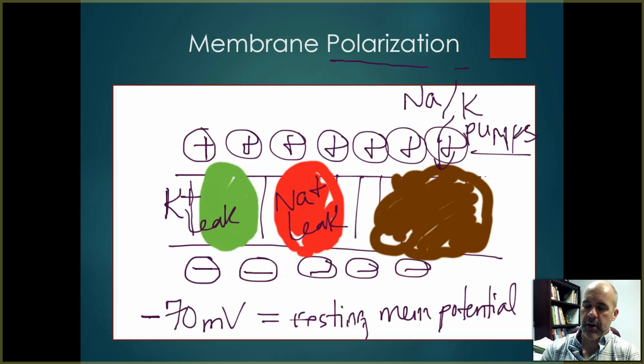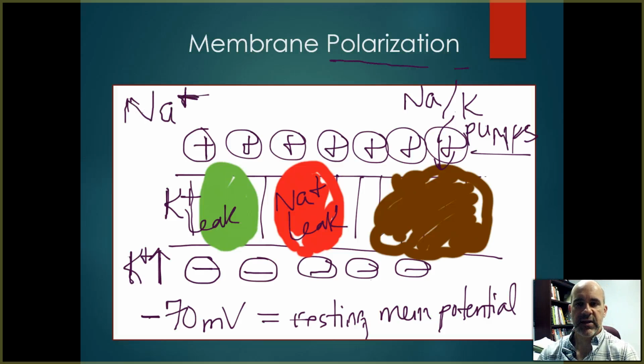Another key thing that we learned about, this is something you definitely want to keep in mind. On the inside of a cell membrane at rest, you tend to have more potassium inside than outside, and the reverse is true for sodium. You tend to have a lot more sodium ions, or the concentration of sodium ions is higher outside the cell membrane than inside.